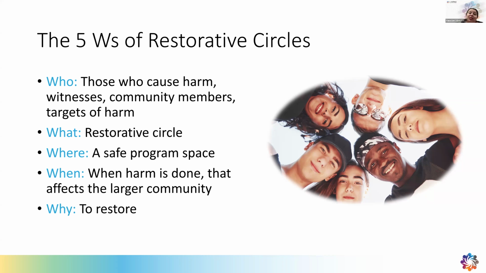When a harm is done, that is when we should choose a restorative circle, when it affects the community, not just one person, and it's something that you feel is best processed collaboratively. And finally, the why is because we want to restore.